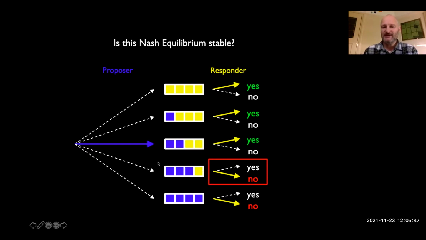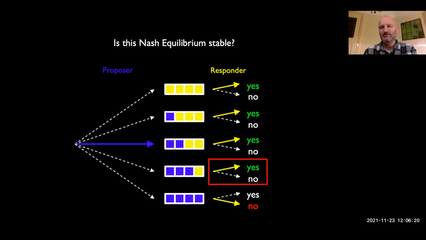Now, in case the proposer does that, then a responder that would say no to this proposal leaves money on the table, leaves €1 on the table. And therefore, if there would be a mutant responder that also says yes to this proposal, then that would actually be beneficial. And therefore, you could imagine that with a little bit of noise, this no erodes and changes into most responders saying yes.